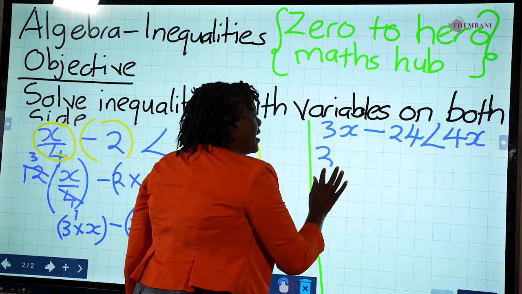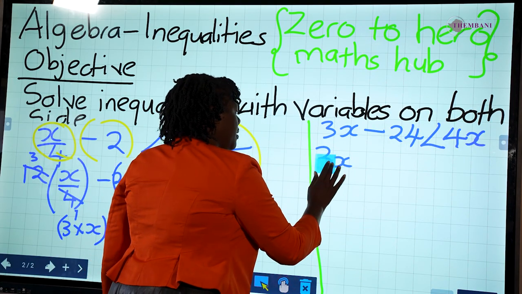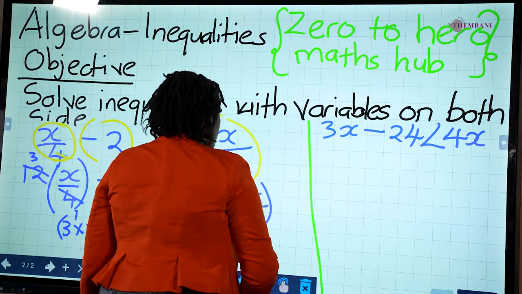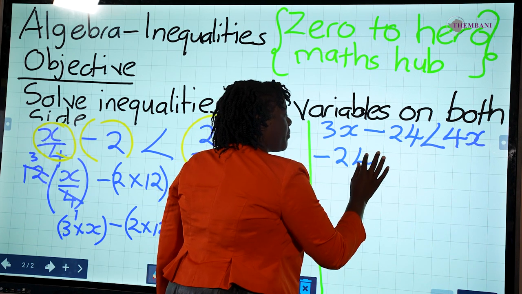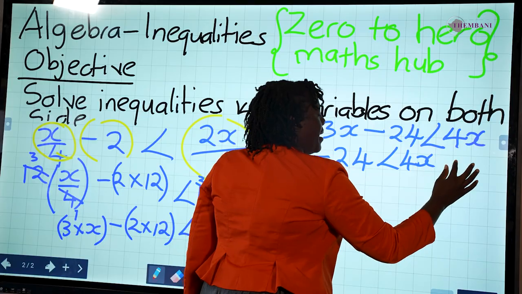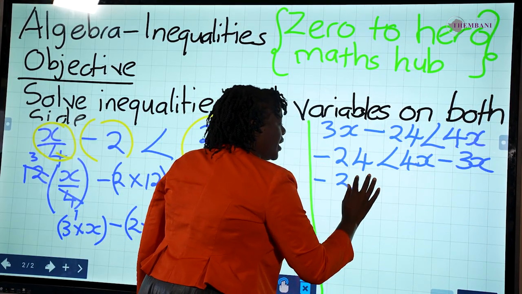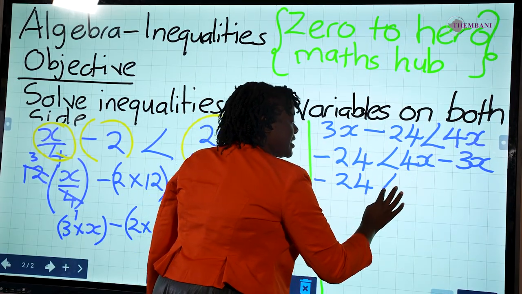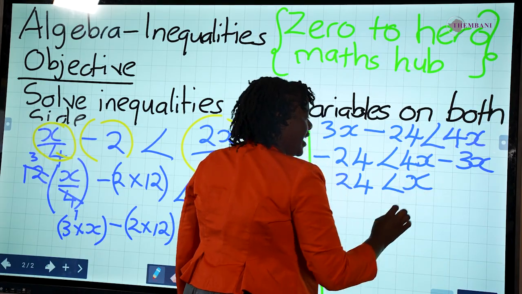So I'm going to have 3x. Let me just move it without subtracting it both sides. So I'm left this side with 24 is less than 4x minus 3x. So here I'm going to get a negative 24 is less than 4x minus 3x is going to give me an x.